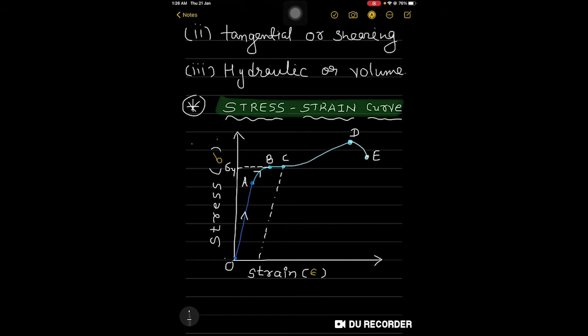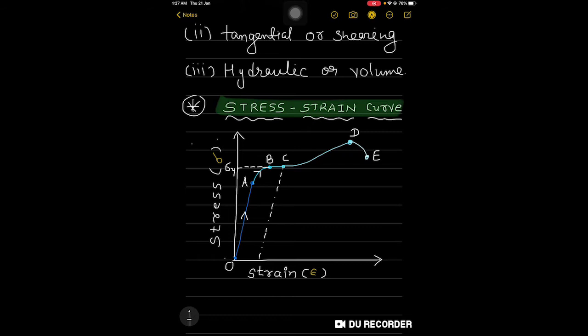When the load is removed at some point C between B and D, the body does not regain its original dimension. Even when the stress is zero, the strain is not zero. The material is said to have a permanent set.